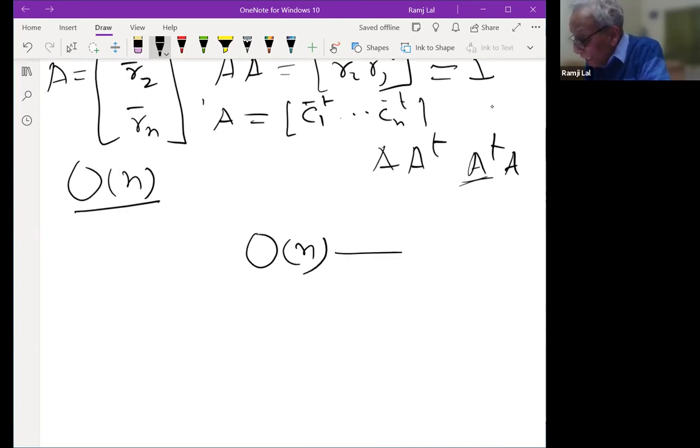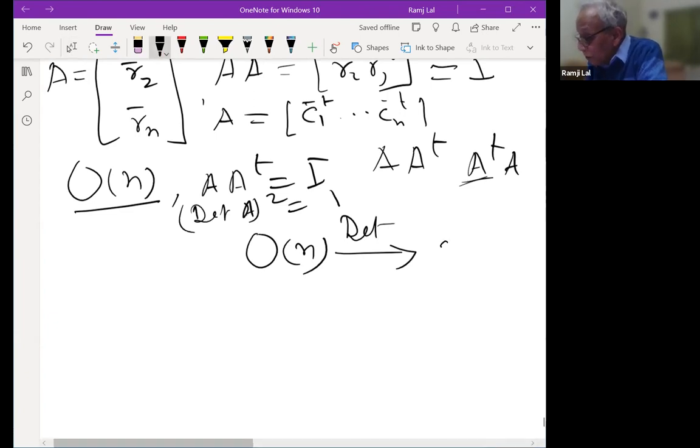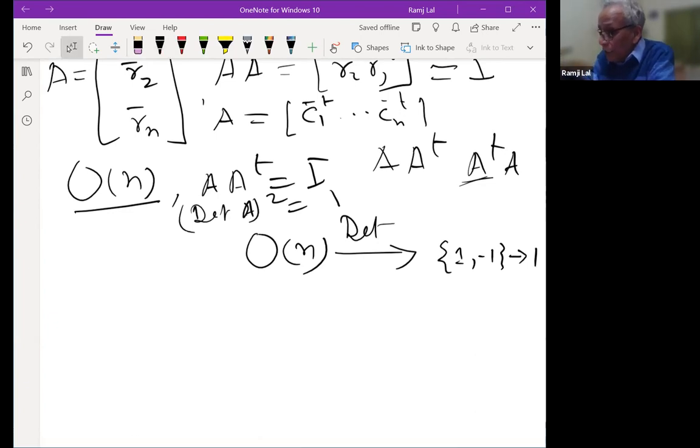You have the determinant map here also. So what is the determinant of an orthogonal matrix? If A A transpose is identity, then determinant of A times determinant of A transpose, which is the same thing as determinant A squared, is determinant of identity, which is 1. So determinant A is 1 or minus 1. So the image is Z2, that is 1 and minus 1. And this is surjective, because if you take the diagonal matrix with entries minus 1, 1, 1, and so on, its determinant is minus 1.